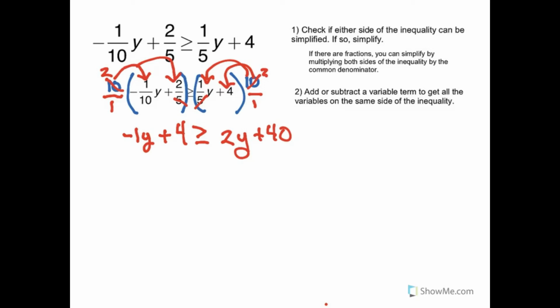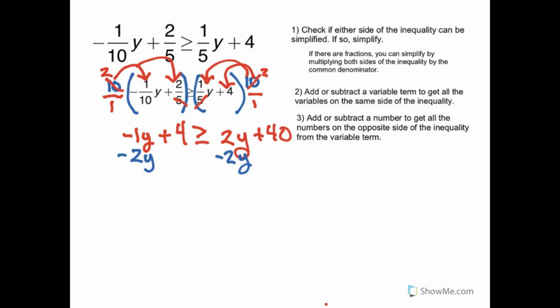Next we get the variables together. This time I'm going to subtract 2y so that I'll have all the y's on the left-hand side. Once you get really adept at this, you can do steps 2 and 3 together. Since the variables are going to end up on the left, I'm going to take away 4 from both sides so that the numbers will be on the right.